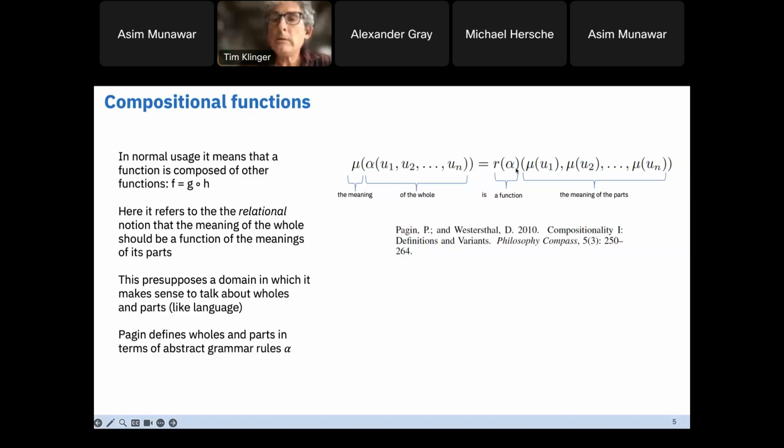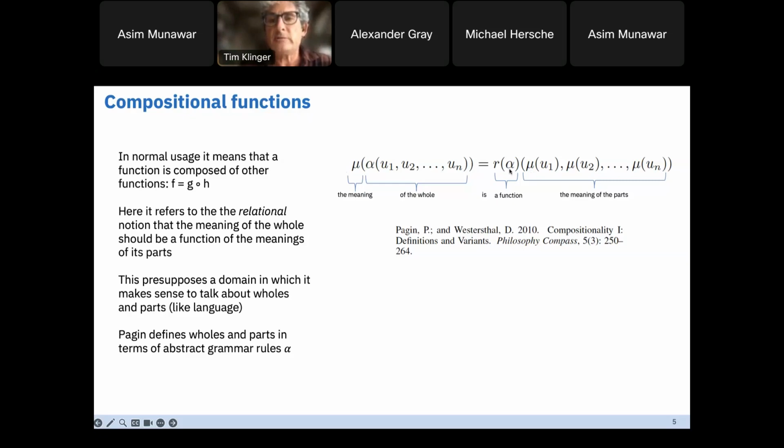A monolithic model like a transformer, for example, wouldn't have different functions here. There's just one function, the network. But what this is saying is that there are modules that can be different. And it's important that they're different because the reason you're making wholes out of parts is that they mean something to you, and they mean something perhaps different from each other. So it makes sense to really have distinct modules for different types of rules for constructing things.